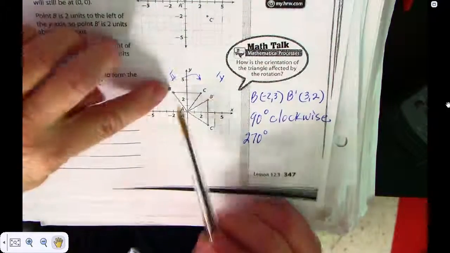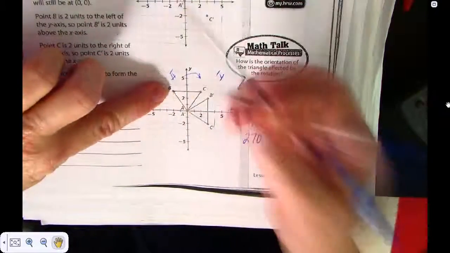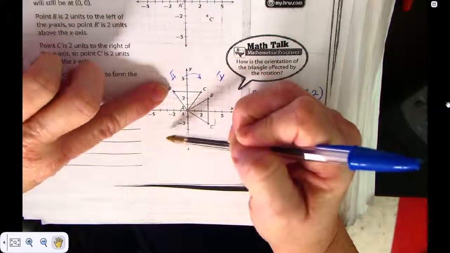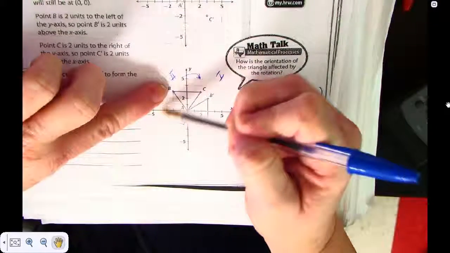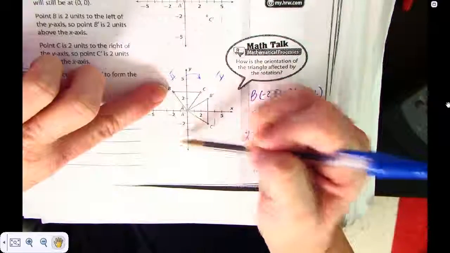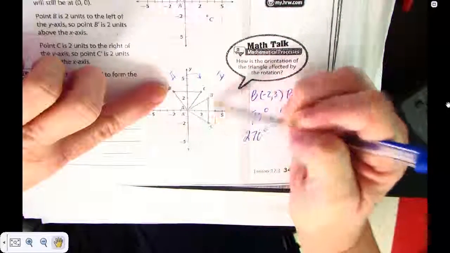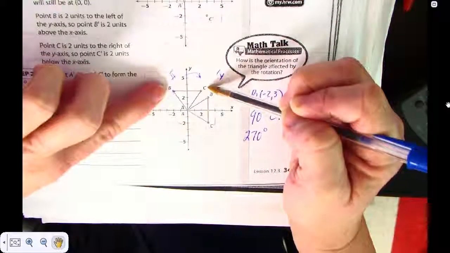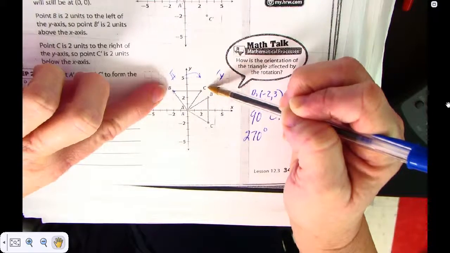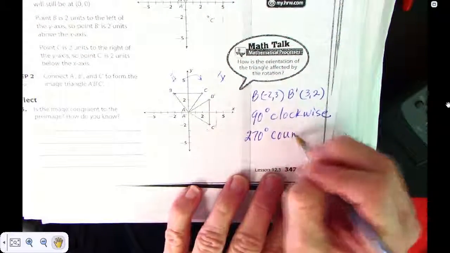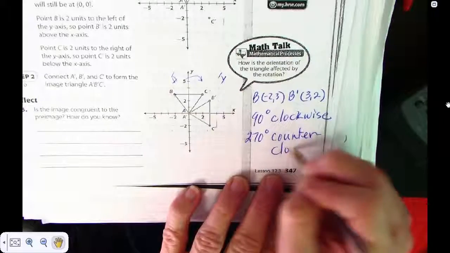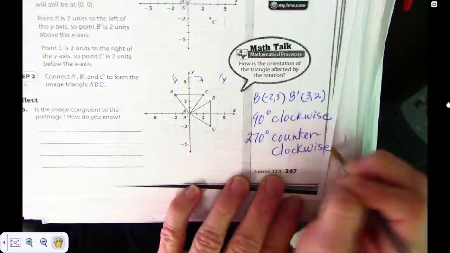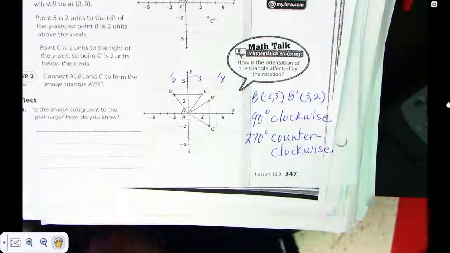But could I go this way, counterclockwise, 90, 90, and 90 would be 270, wouldn't it? Counterclockwise. So really, I need to know that I could do either one.